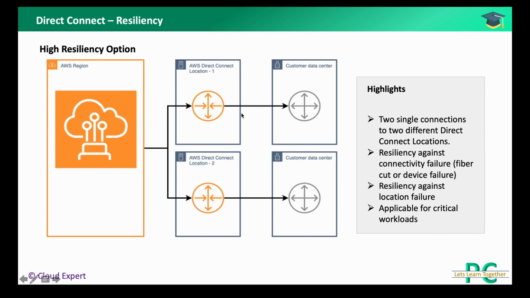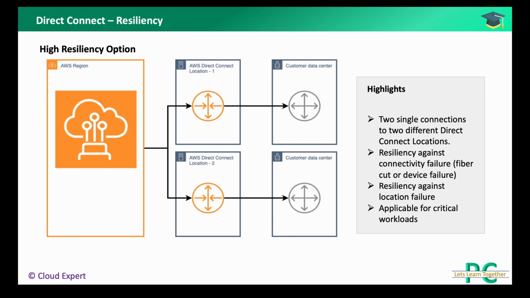If one goes down, then the other connection will have a huge amount of load, which may create some performance problem for your application. That is why, although this supports the high resiliency option, if one link goes down, the other link may face tremendous data or tremendous pressure. It can create some performance problem for your application.